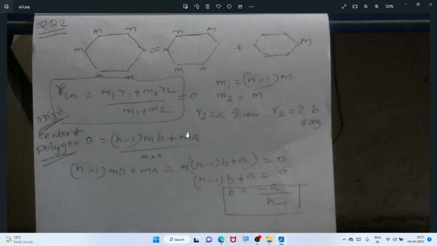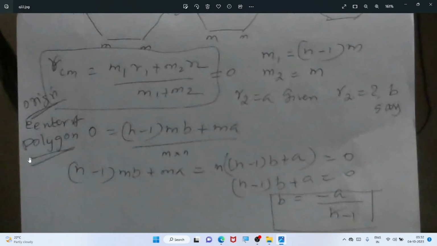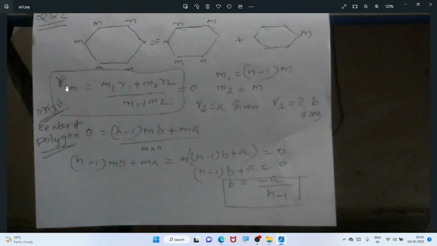The position vector of the nth particle is given as a, and all masses are equal. For the n minus 1 particles, assume the position vector is b. So n minus 1 into b plus a, the last one, divided by the total mass, since all masses are the same. Because positions are given with respect to the center of the polygon, that is the origin, the center of mass position vector is 0.